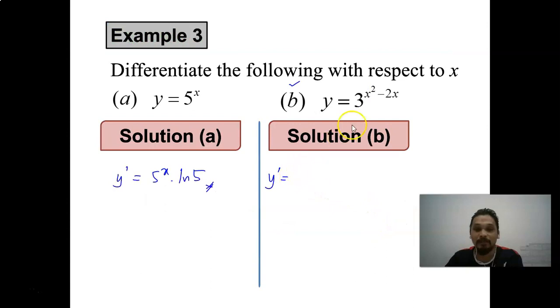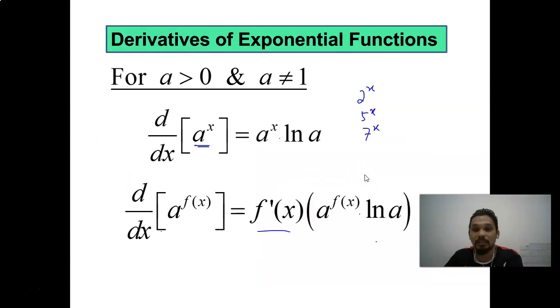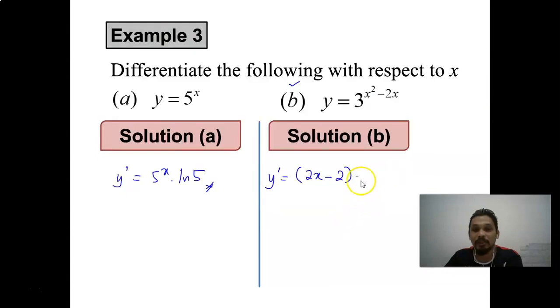So then here, differentiate x squared minus 2x. Differentiate x squared, 2x, minus differentiate 2x, which comes out with 2. Then multiply with 3 to the power of x squared minus 2x multiplied with natural log of 3.